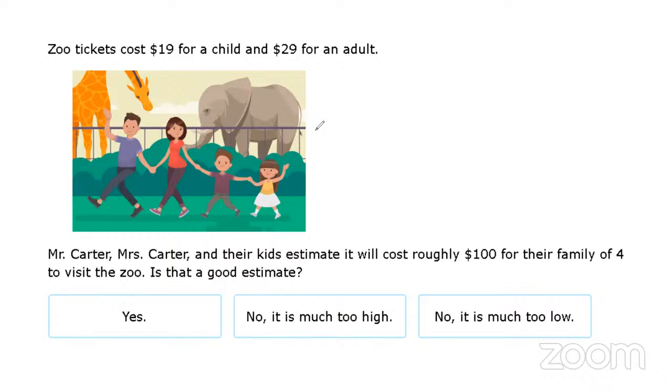All right. So Crystal Life is saying much too low. 19 plus 19 plus 29 plus 29 is 96. So $96 is the actual amount they need to spend, Crystal Life. They estimate it's roughly $100. You're saying that their estimate is too low.